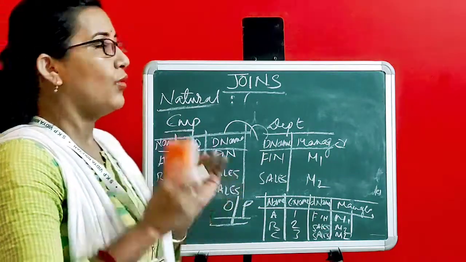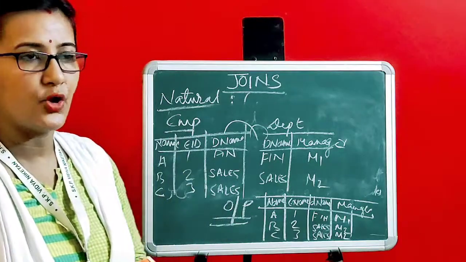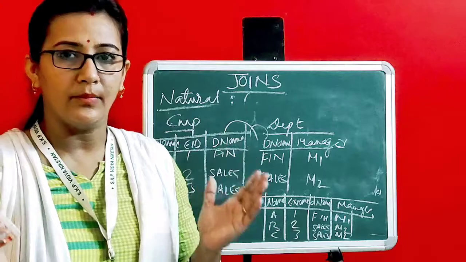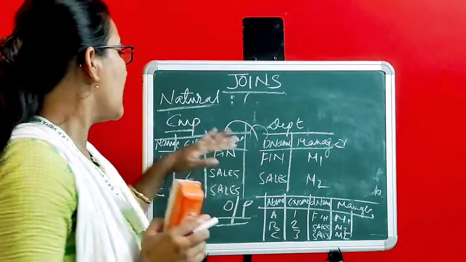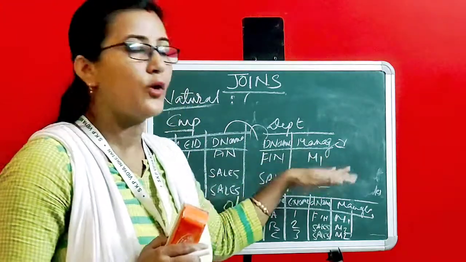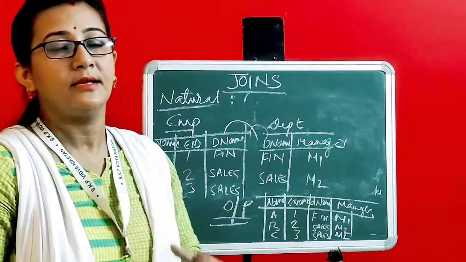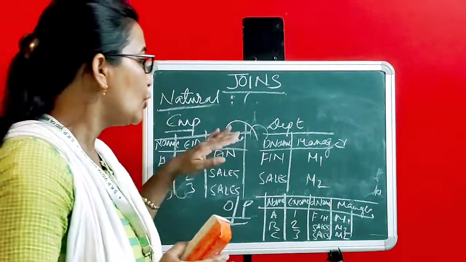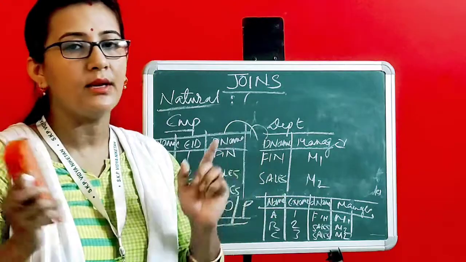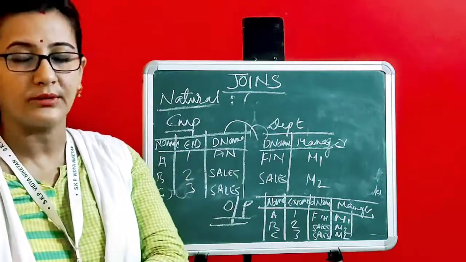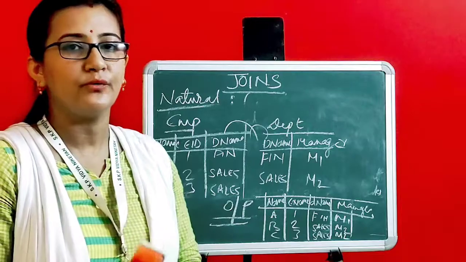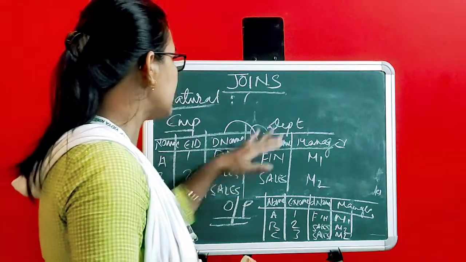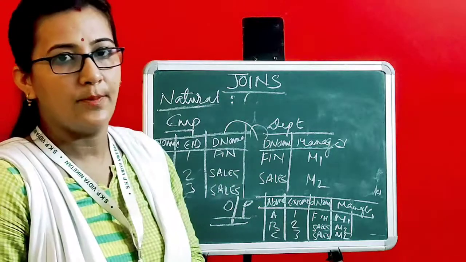So in natural join, after performing join on 2 tables, it gives output only those values that are equal in both the tables, but it removes the duplicate attribute. So this is how natural join performs.